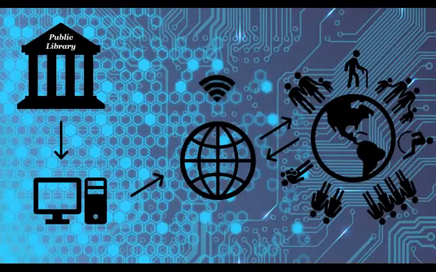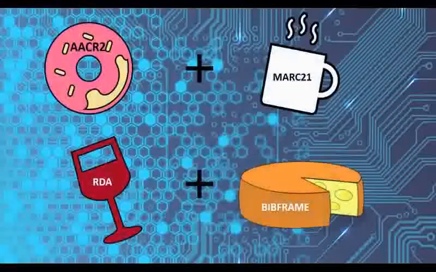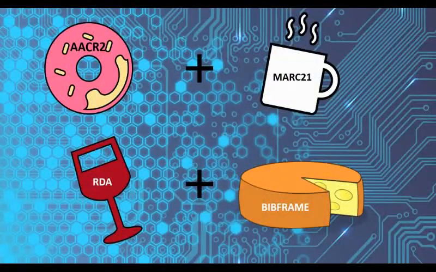This would allow for a greater amount of people to access our data, increasing the library's impact and usefulness in society. BibFrame may also allow for better integration with RDA as libraries transition to the new standards. As MARC works with AACR2, BibFrame was created with RDA in mind.